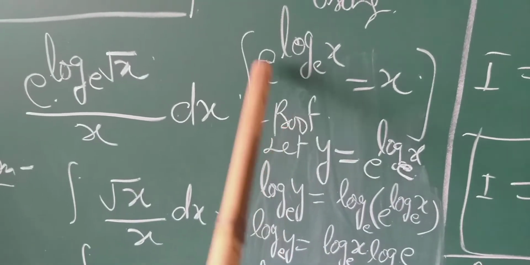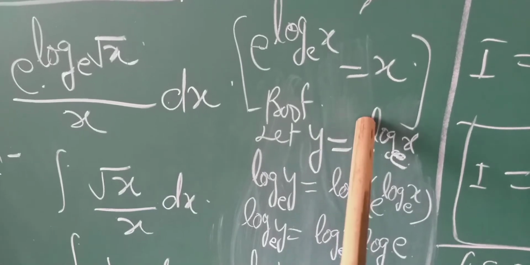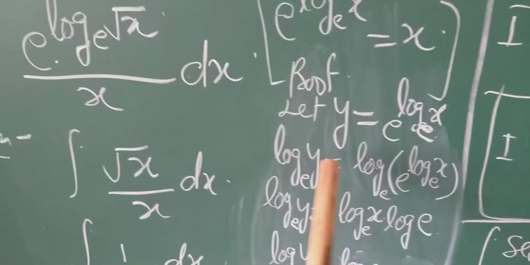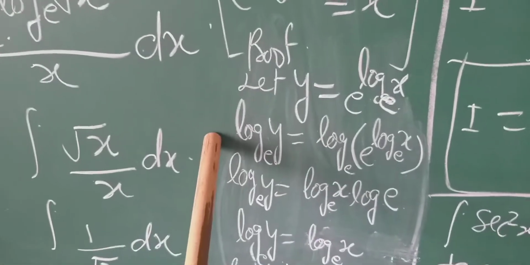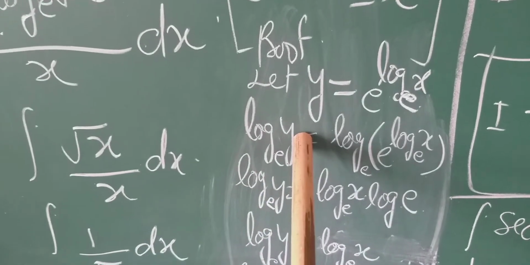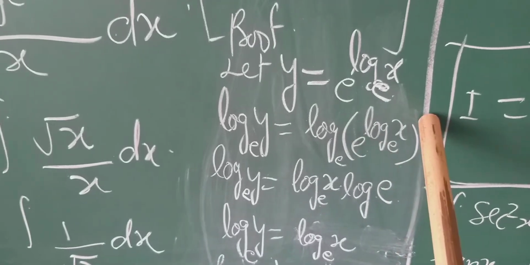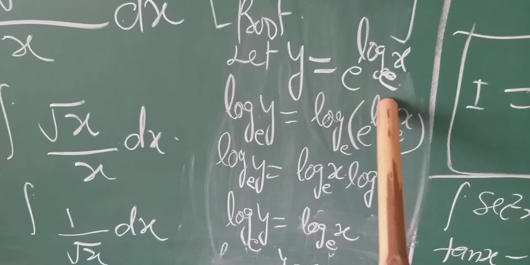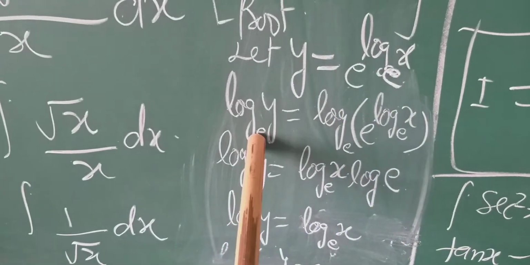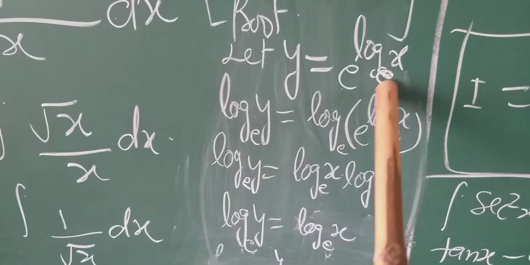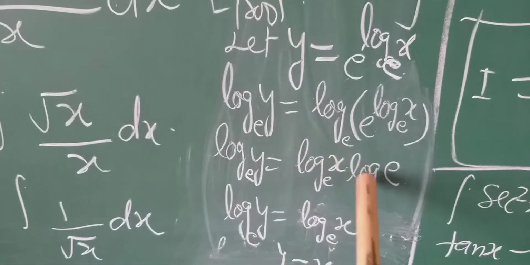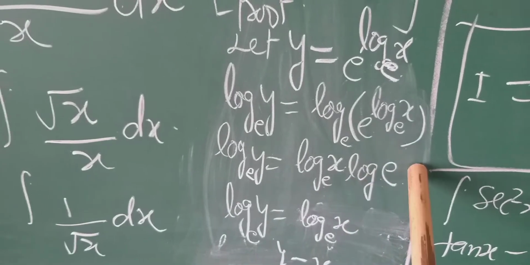Let us take y equals e to the power log e base x. So take log on both sides. Log e base y equals log e base e to the power log x. So this part will come first. Log x times log e, whose value is 1.